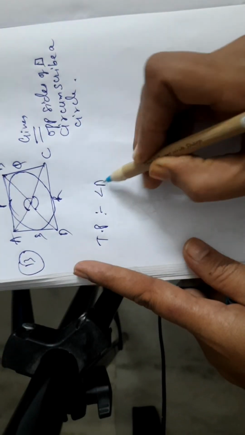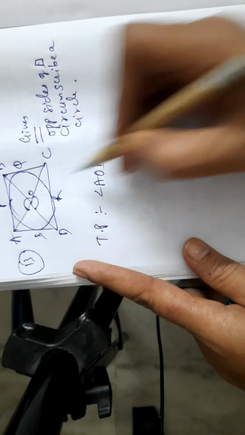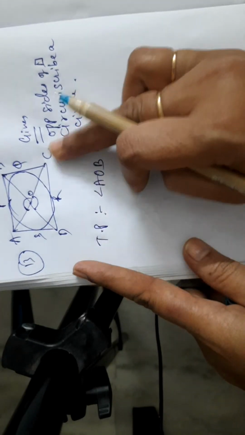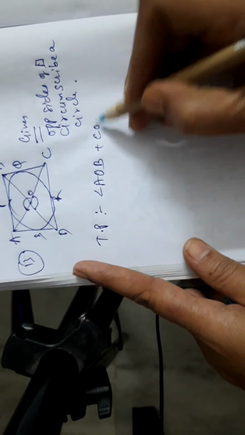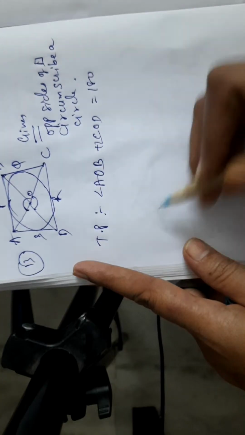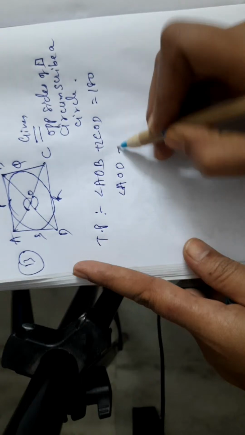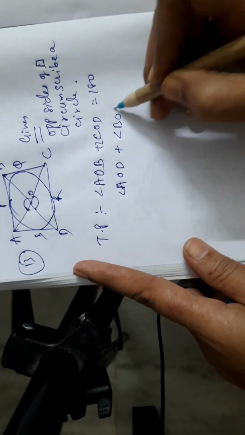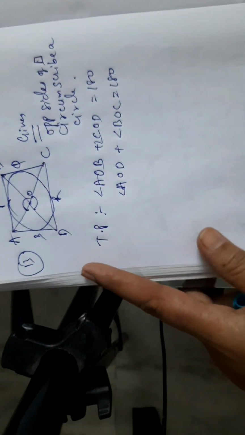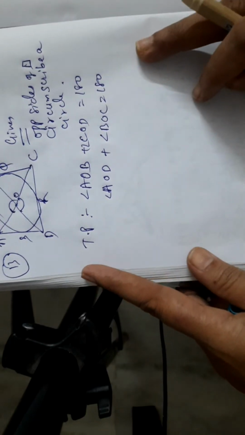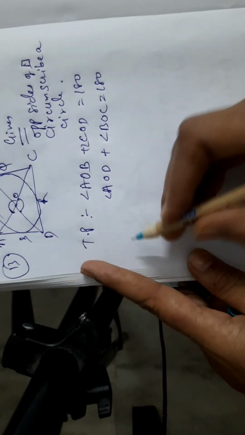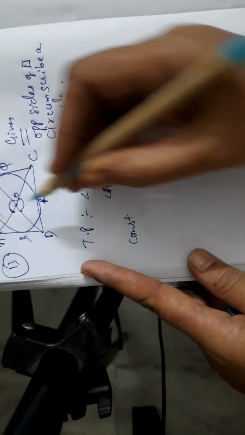To prove angle AOB plus angle COD is 180, or AOD plus BOC is 180. So we need to prove the angles are supplementary. So how are you going to prove it? Here some construction is needed.